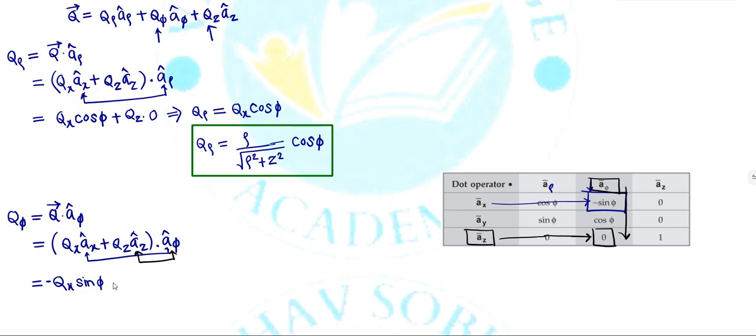We have that to be 0. So I am not going to write that one again in detail. So simply we are going to put that value to be 0. So what value do we have from this for your q phi? So we have that q phi is equal to what? Minus of qx sine of phi.